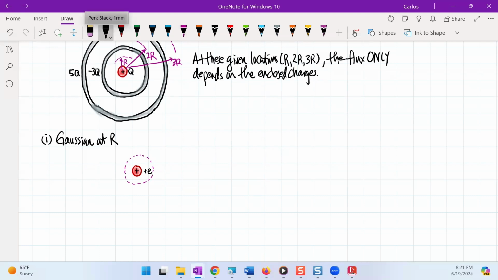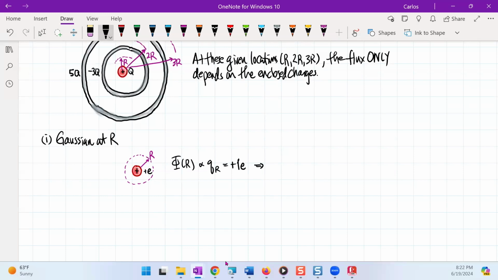If I'm choosing this distance from here to here, and that's R, then according to Gauss's law, the flux at R has to be proportional to the enclosed charge inside of R, and in this case, this is positive 1e.